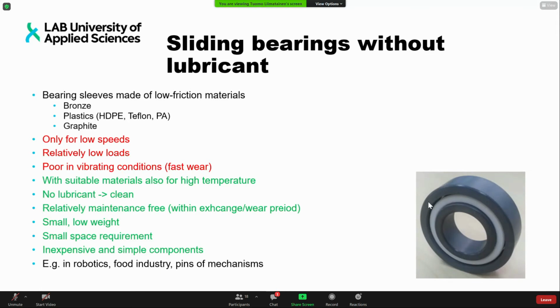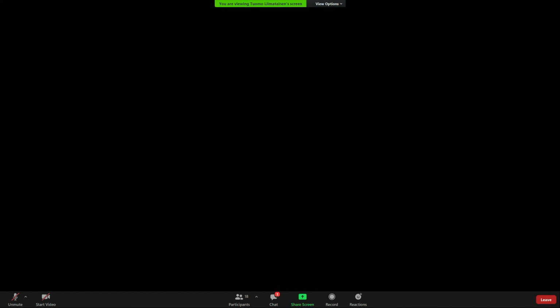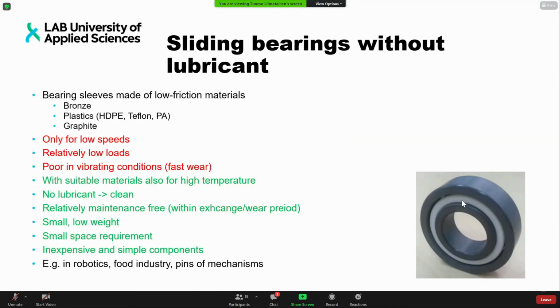Also, a good side is that because there is no lubrication, okay, the friction is higher, but there's also no contamination from oil, so it's very clean. Therefore, this kind of bushing bearing is used, for example, in the food industry, where you cannot have any oil in contact with the food.